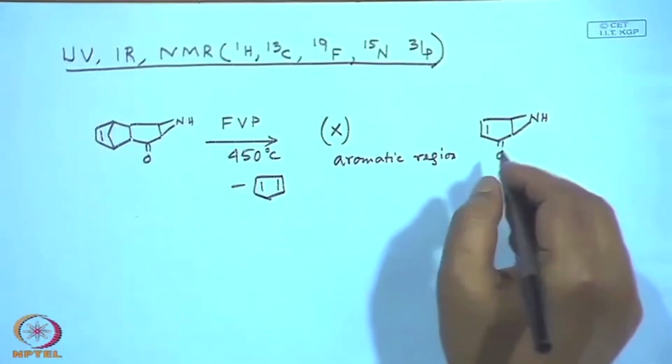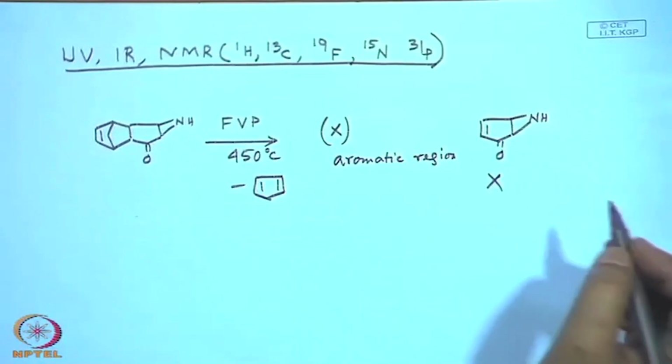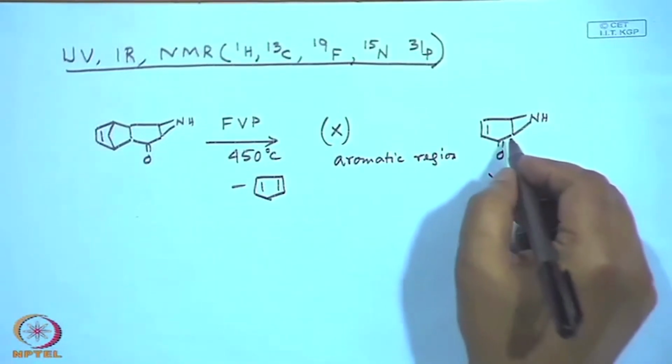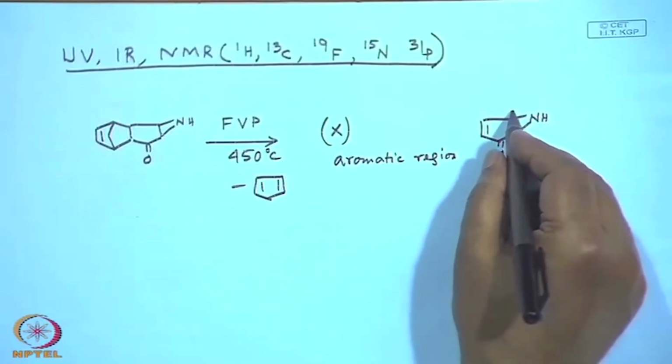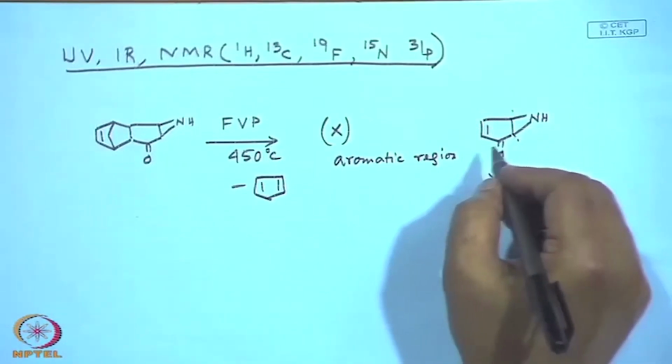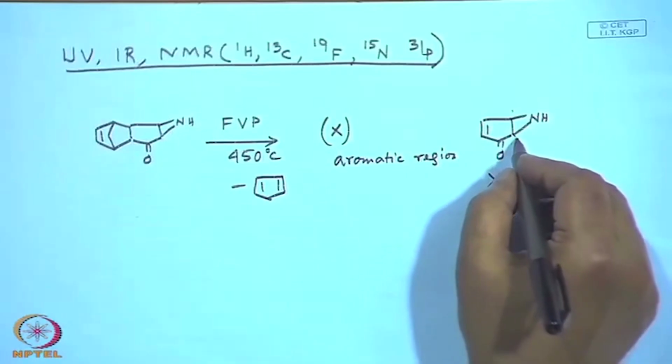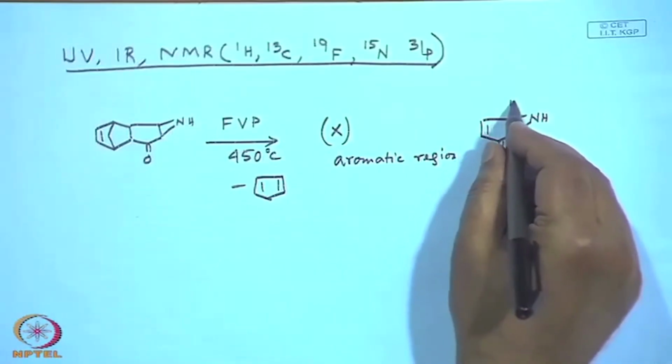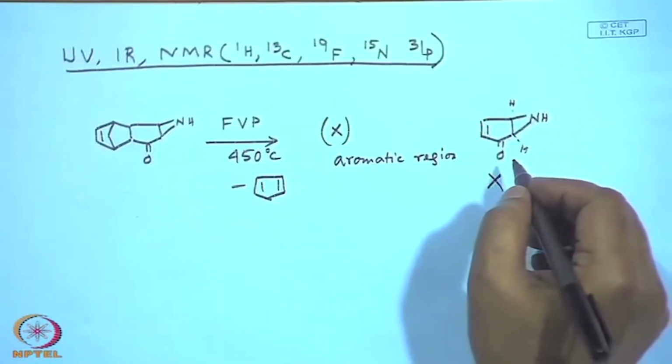But unfortunately, the product was not this one, because it is aliphatic, right. You will have aliphatic hydrogens, all these things, alicyclic hydrogens I should say, but those were not present. So, what do you expect then?